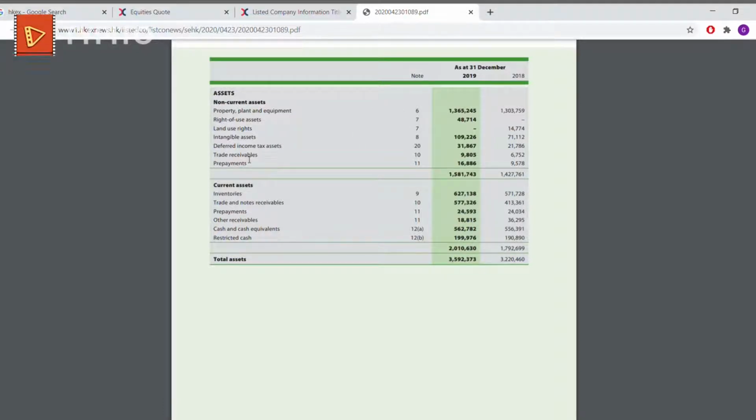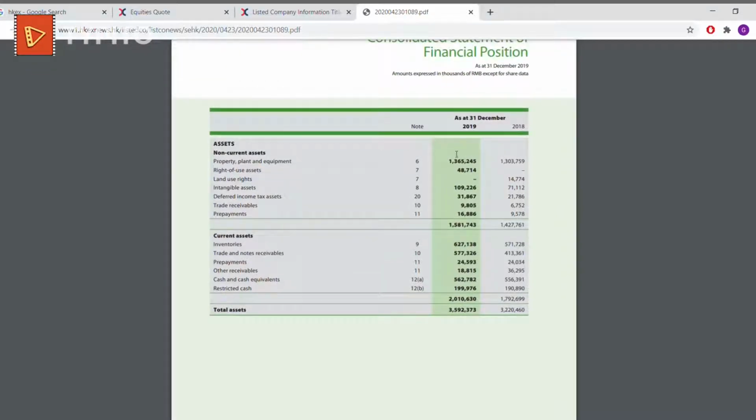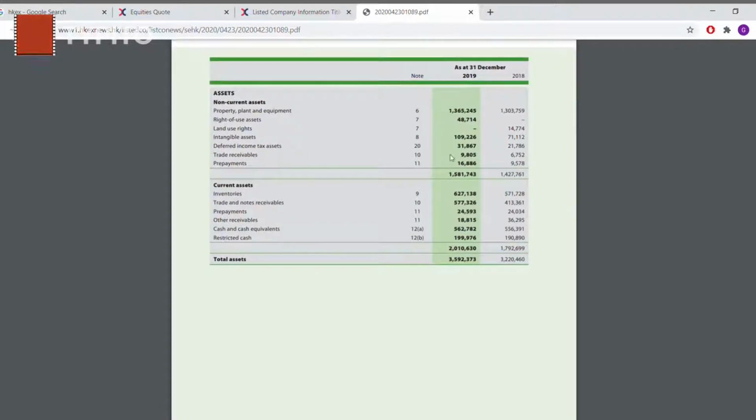Same for trade receivables. You may be wondering why trade receivables is split into two parts: non-current asset and current asset. This is because this segment of the trade receivables, about 9,800, expressed in thousands, so it's about 9.8 million RMB, the economic benefit is expected to flow into the company only after the next 12 months.